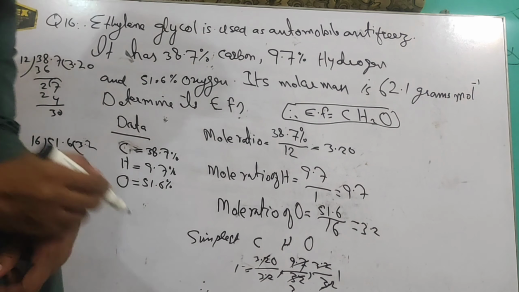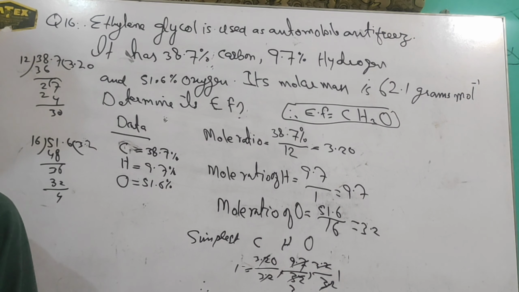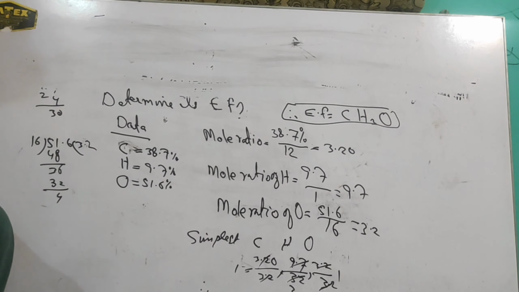So this is the empirical formula of ethylene glycol. Now we want to calculate the molecular formula. How can we calculate the molecular formula?